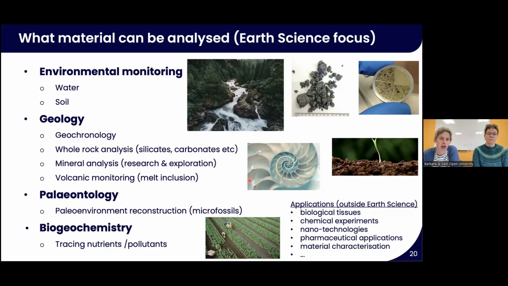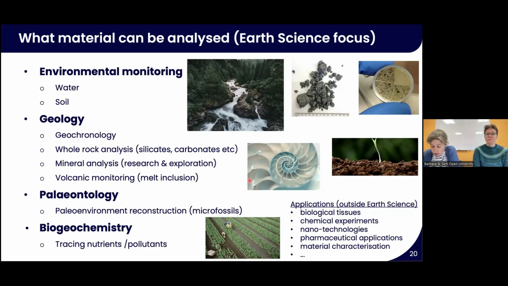constituents of volcanic samples. We can look at geochronology, using the samples that we have for dating the formation of samples. Looking at paleontological samples, we can do paleo-environment reconstructions from looking at microfossils, so work on foraminifers.